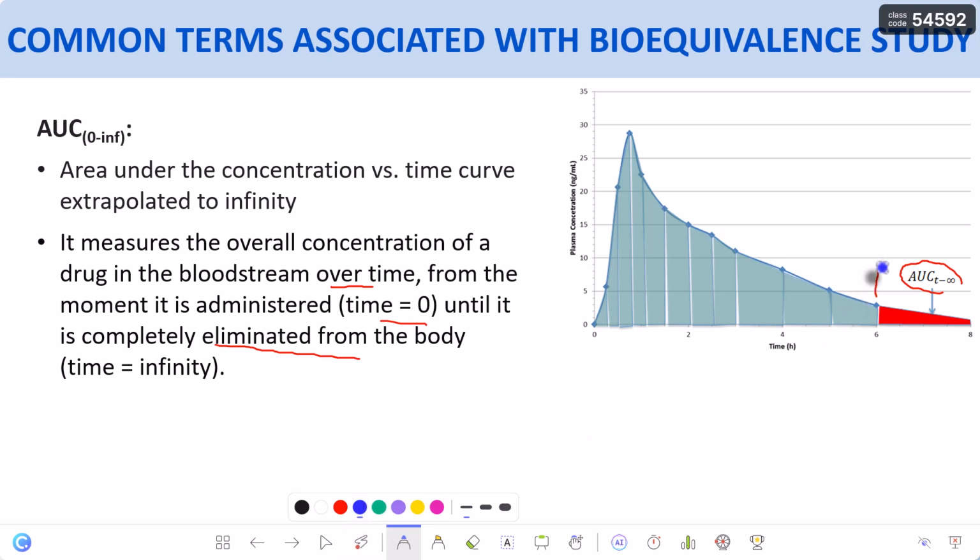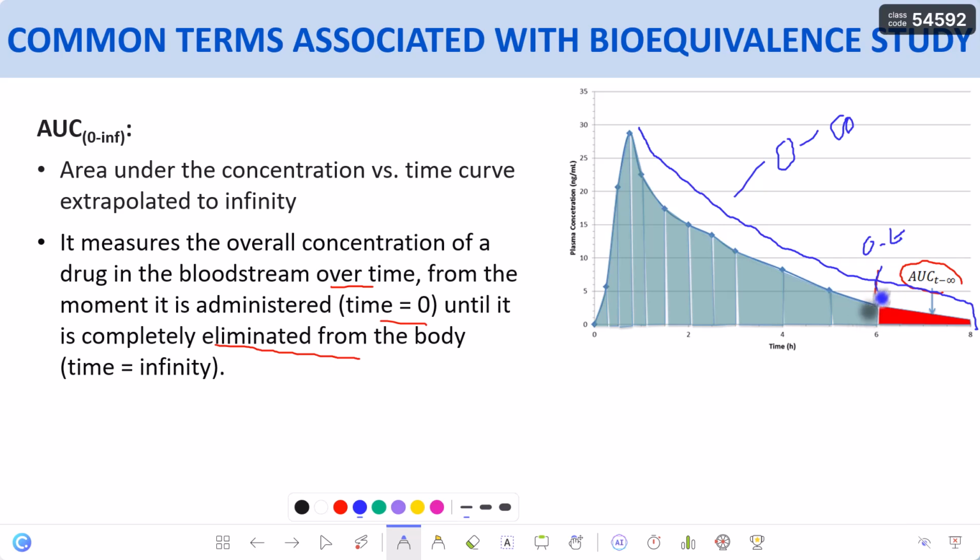If I draw once again, this can be called the 0 to t concentration, and this entire curve until infinity is called 0 to infinity.